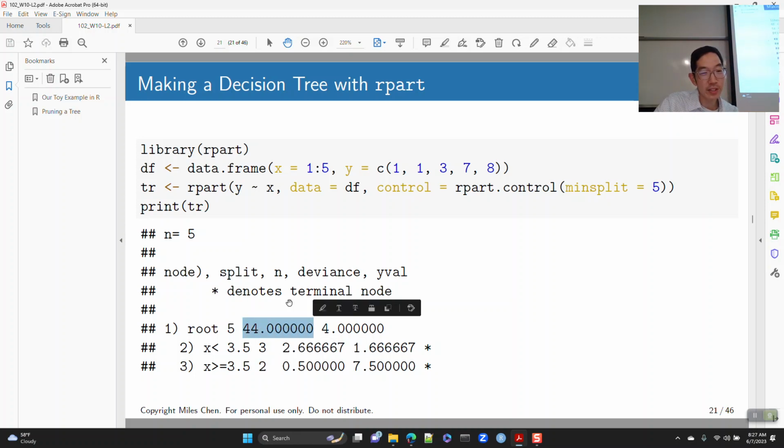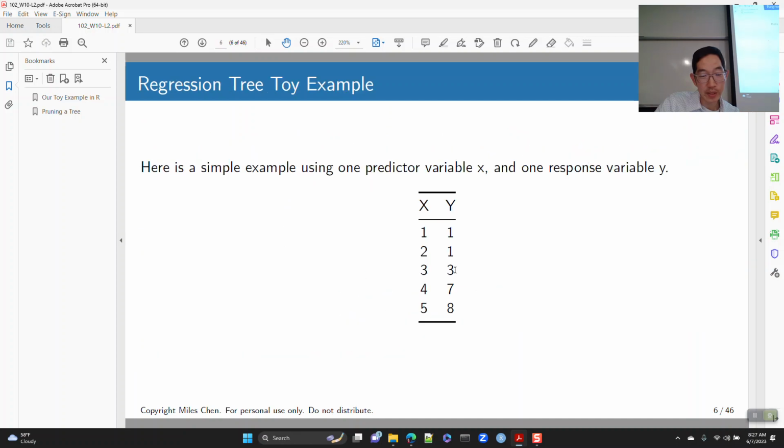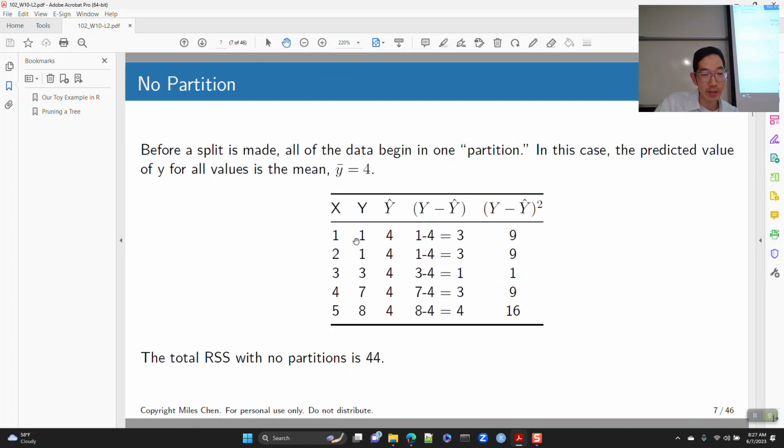The deviance, which is kind of our residual sum of squares, is 44, and the predicted value is 4.0. So this was what we had at the very beginning, where we said, okay, if our values are 1, 1, 3, 7, 8, our predicted value is 4, and then when we do our RSS, we get 44 there.